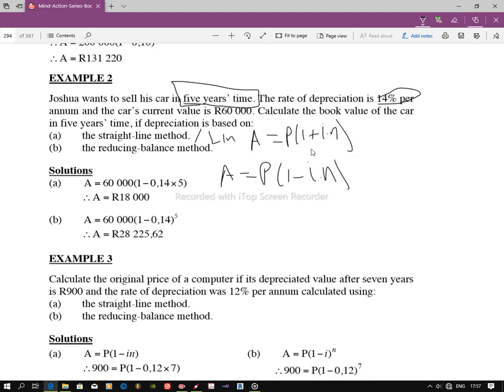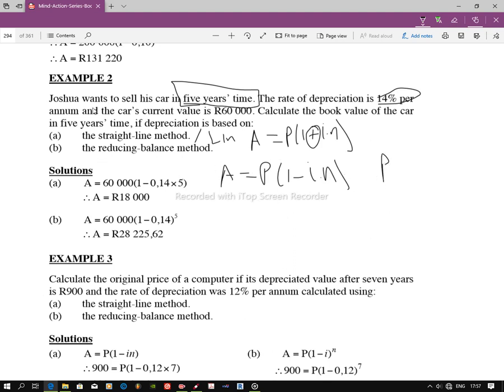So what changes here is the sign. In depreciation it is negative, but in simple interest it is positive. This is depreciation, that is something different. So that's the difference.